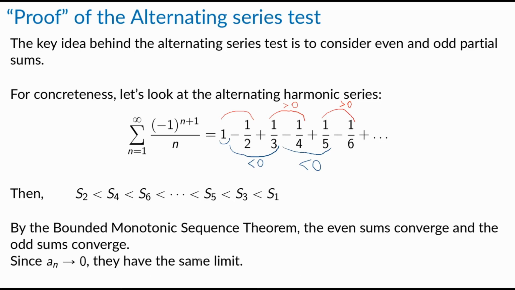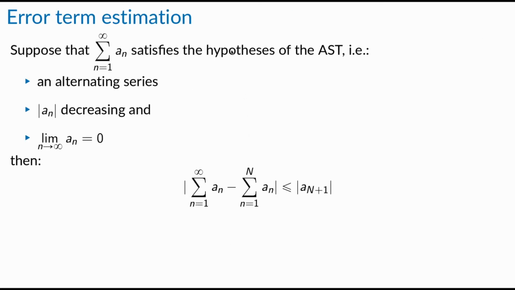But this can give us some mileage now. We can use this understanding to get the following result. If we have an alternating series that satisfies all the hypotheses of the alternating series test, in other words, the terms are decreasing after we take their absolute values, and the limit of the general term is 0, then if I approximate my series by a partial sum, the error I get is going to be smaller than the first term that I've forgotten about.